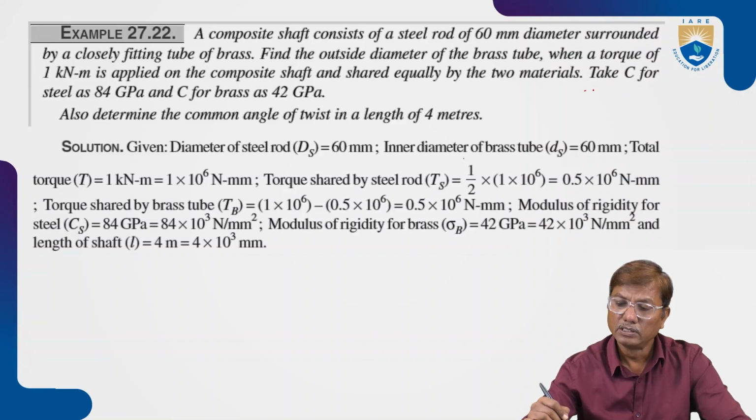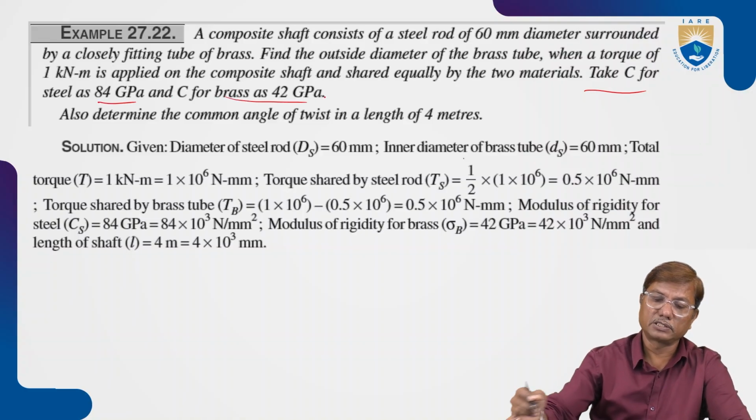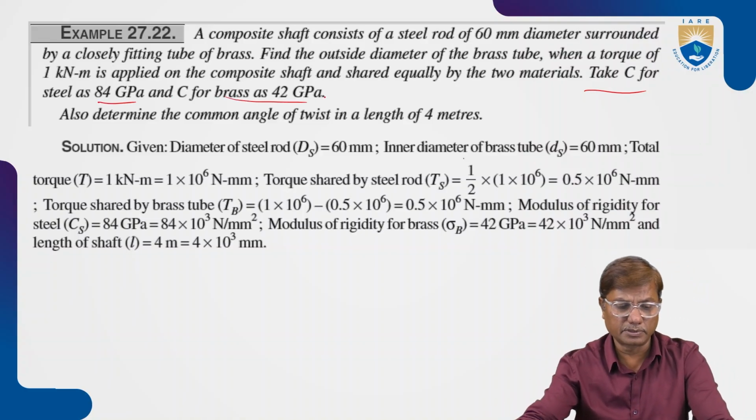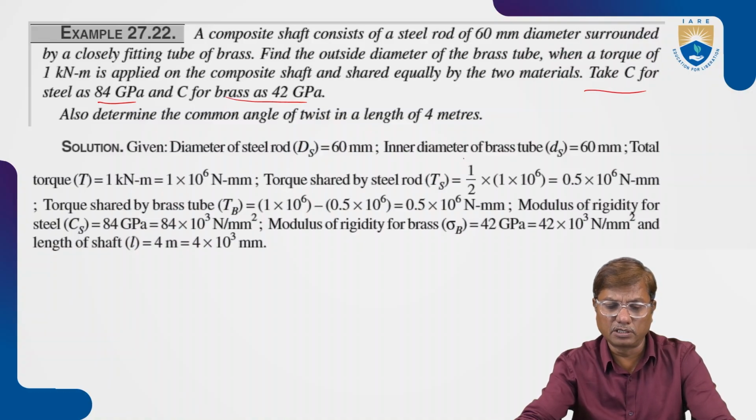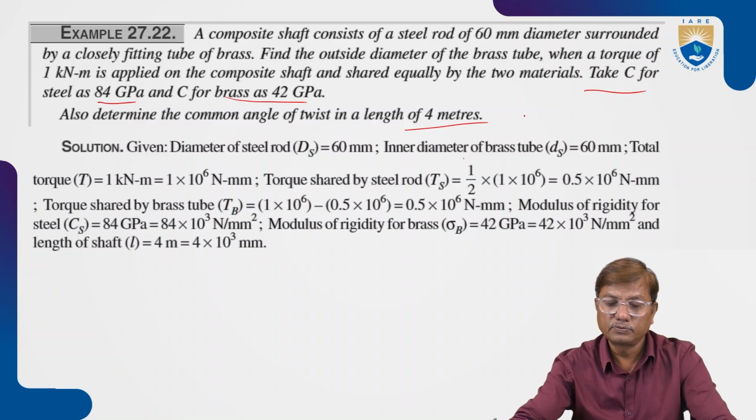Take C for steel 84 gigapascal, that for brass is 42 gigapascal. Also determine the common angle of twist in a length of 4 meters.